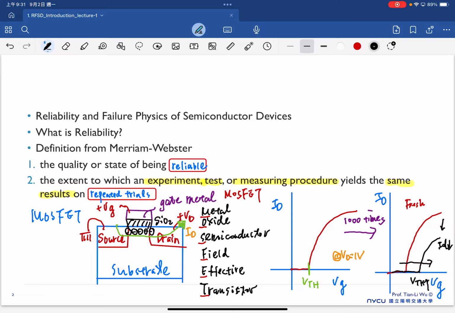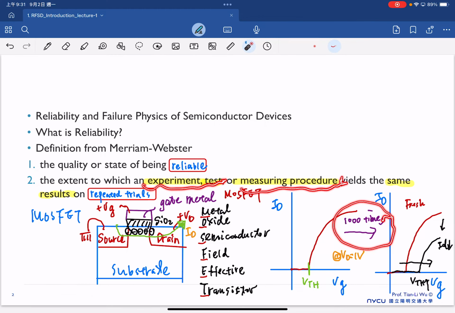So let's go back to our definition. The definition means the extent to which an experiment or measurement procedure yields the same results on repeated trials. We operate 1,000 times, that's kind of an experiment, test, or measurement procedure.